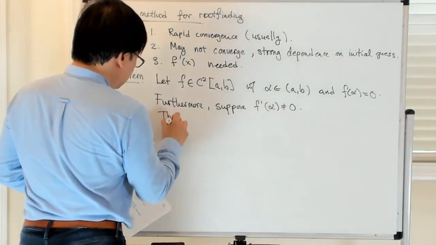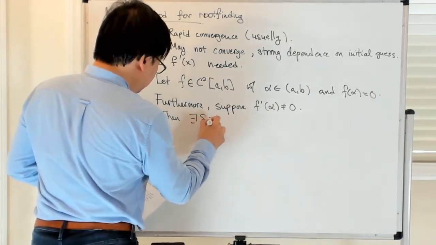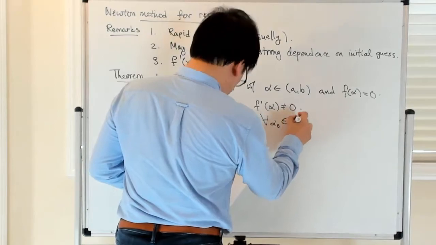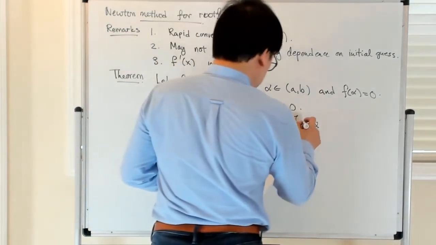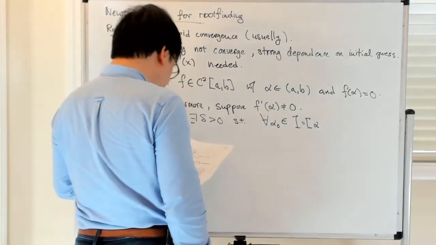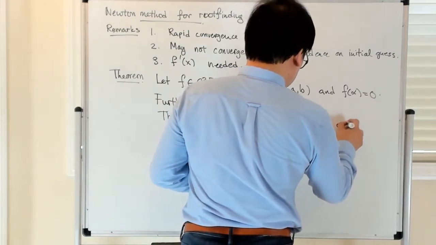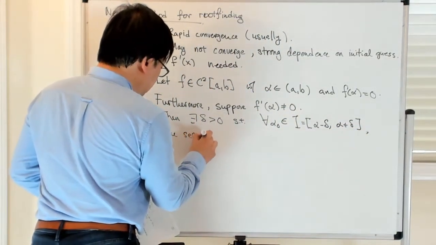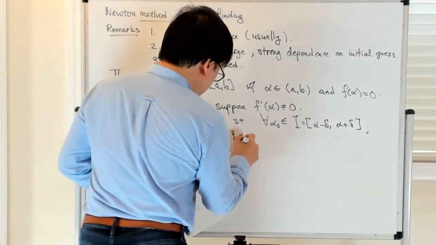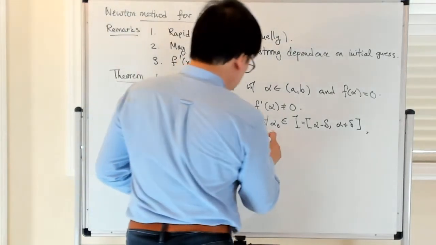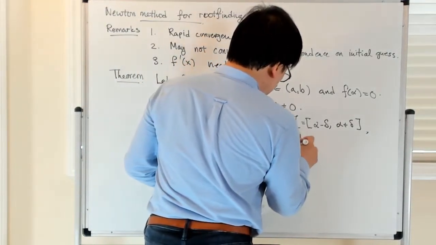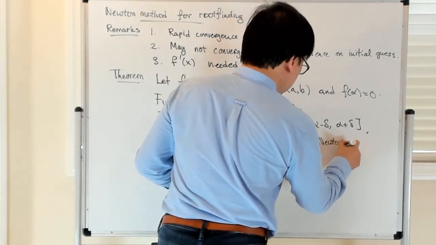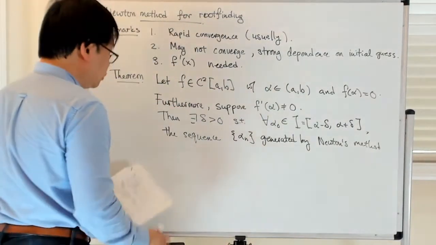Okay, then the claim is that there exists some delta greater than 0 such that for all epsilon 0 in the interval with delta about alpha, so alpha minus delta, alpha plus delta, the sequence alpha n generated by Newton's method converges to alpha. Okay.